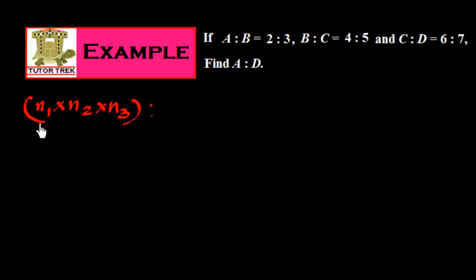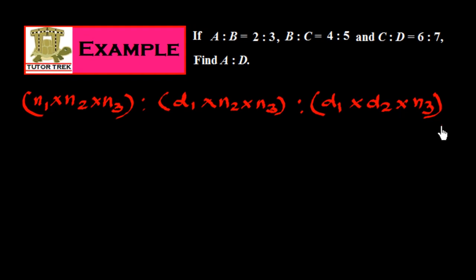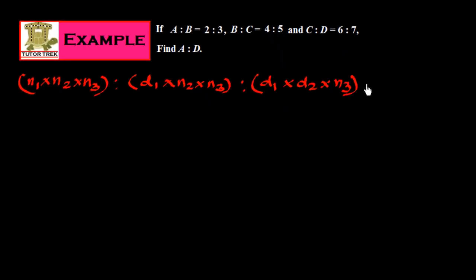Now we have to replace the first numerator with the first denominator. Here you see, d1 into n2 into n3. Now we replace the second numerator with the second denominator. So d1 into d2 into n3. Now we replace the third numerator with the third denominator.